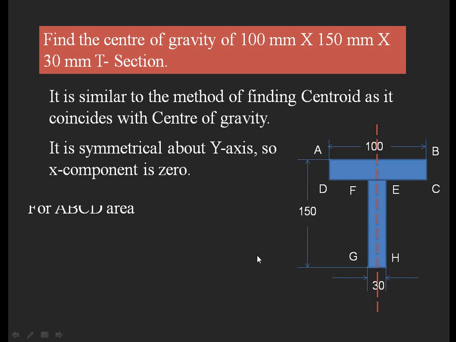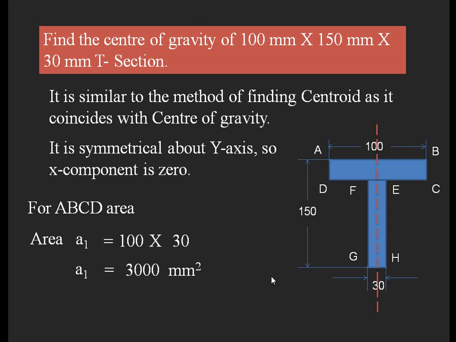First I want to take the area ABCD. For this area I want to write the area A1, which is length into breadth. The length is 100 mm and the breadth is the flange thickness, which is given as 30. So 100 into 30 will give you the area of shape ABCD, which is 3000 mm square, as we have taken the values in millimeters.